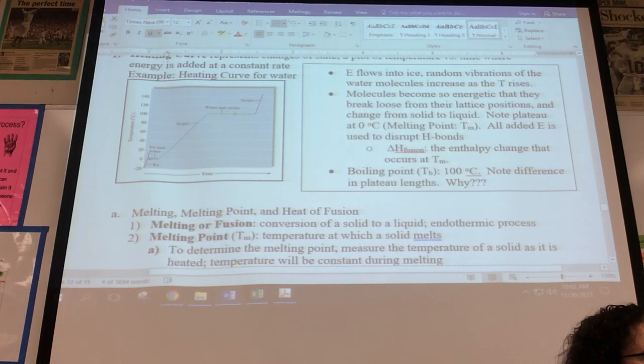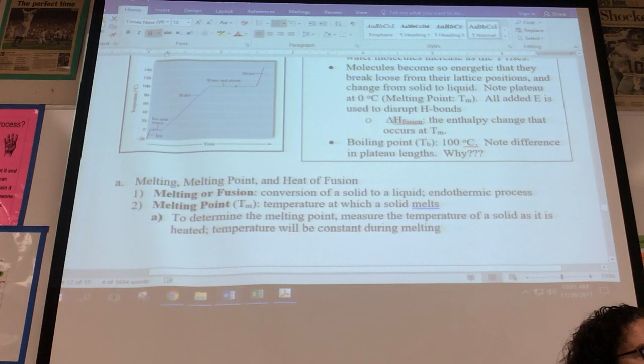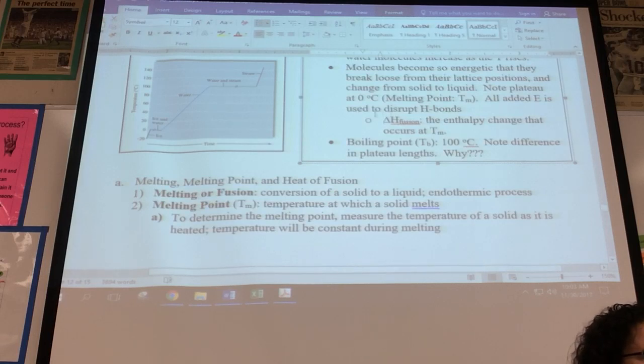Whenever you have a change in state, you have a plateau. That is, the temperature change is constant. Delta H of fusion is the enthalpy change that occurs at this melting point. We'll come back to this concept in our lesson on thermo, so you're not going to see anything about delta H of fusion in this chapter.